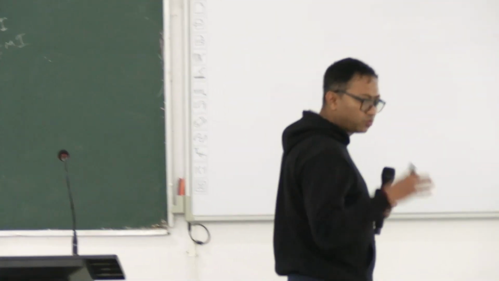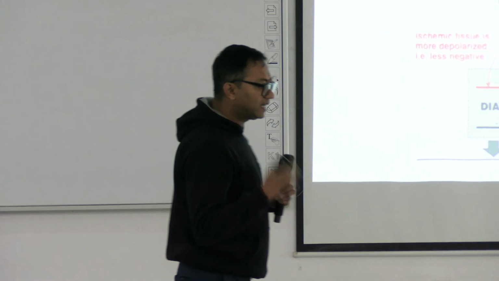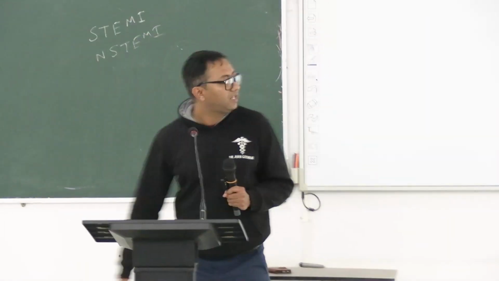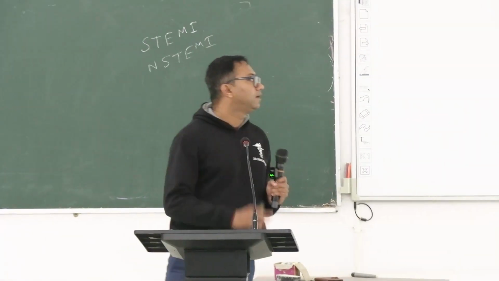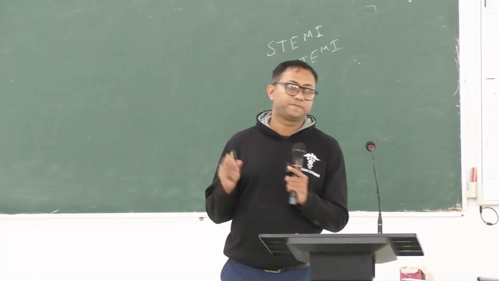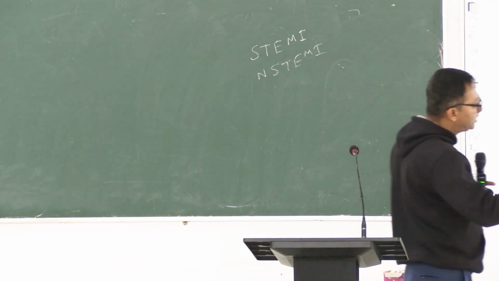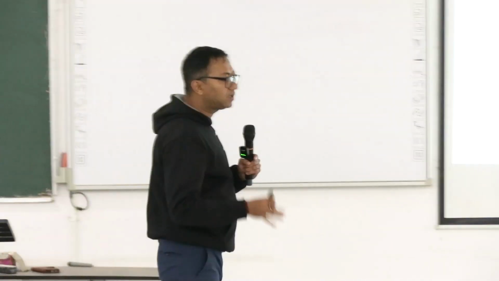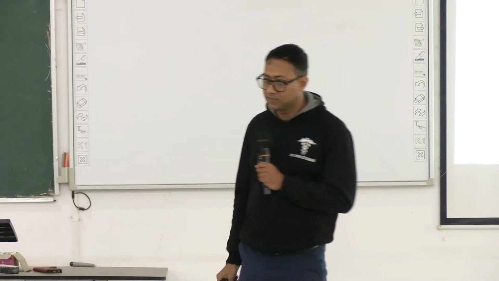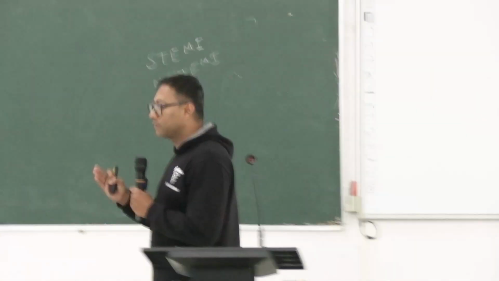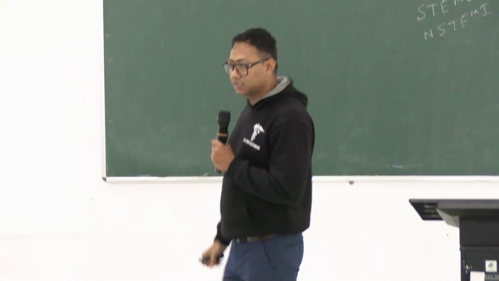Okay. Now come to the physiological changes. Why is there ST segment elevation? Why is there ST segment depression? Why is there a deep Q wave? Okay. So you see, this black color action potential is of normal healthy myocardium, correct?